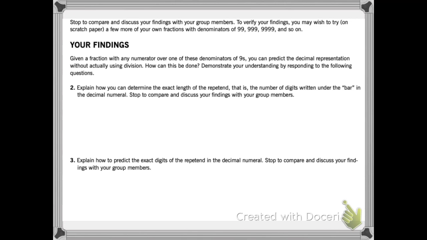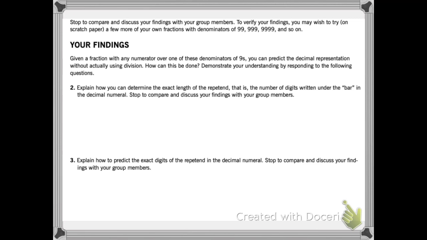So let's find out. It says explain how you can determine the exact length of the repeat end, that is the number of digits written under the bar in the decimal, and compare with your findings with the members of your group.